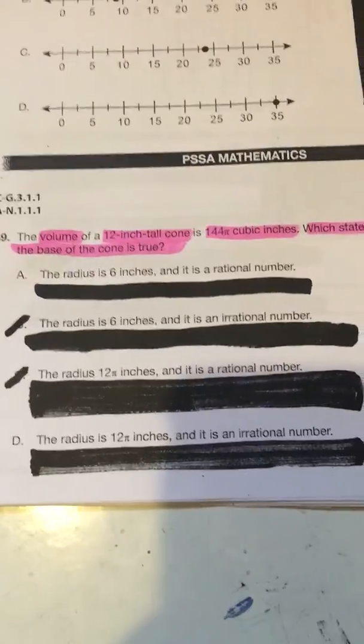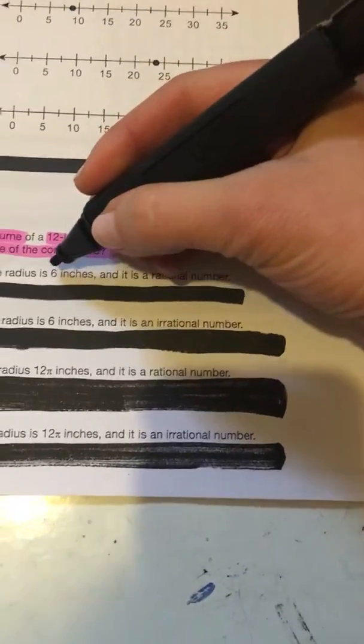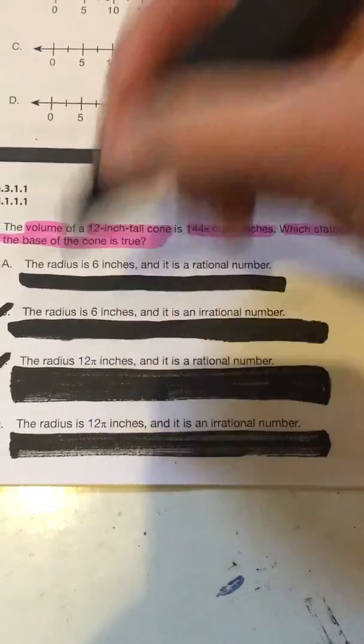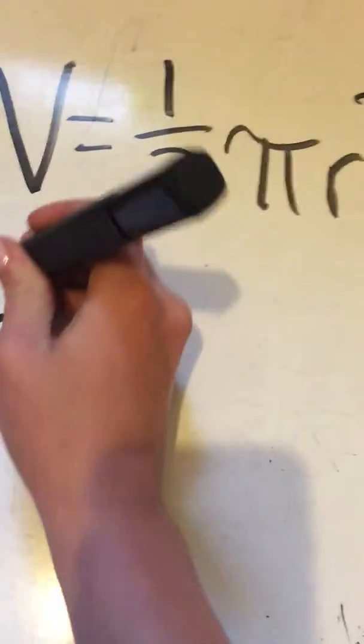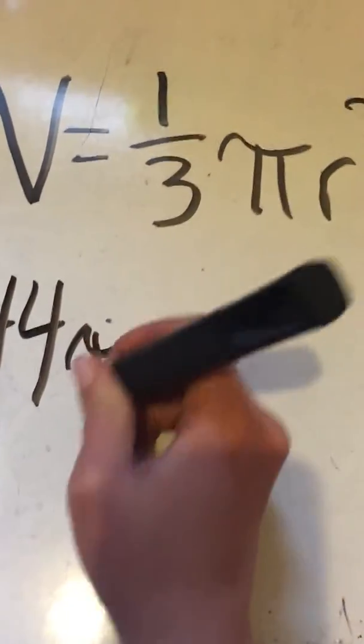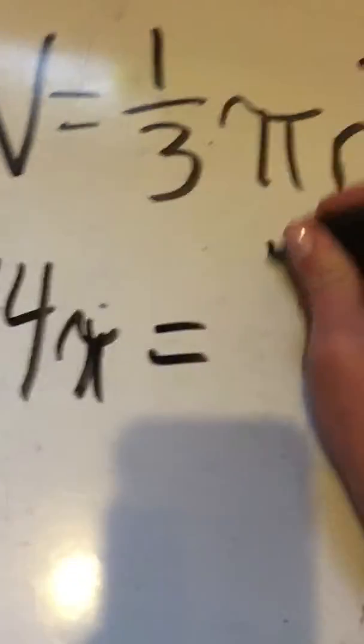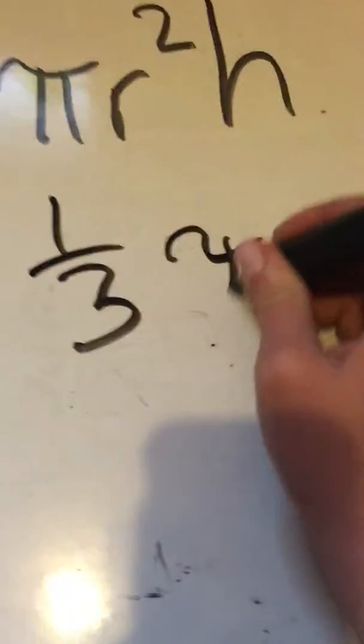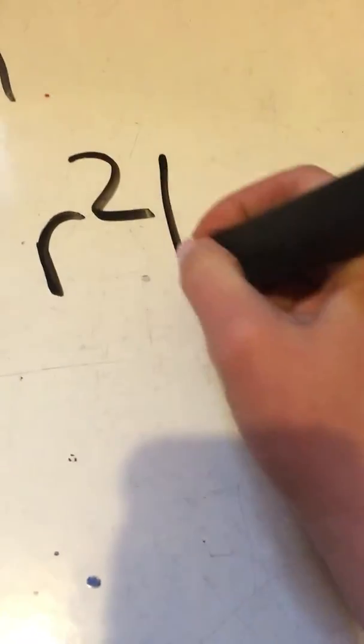Now all we have to do is take our numbers 6 or 12 pi and plug them right into our formula. So we're already given that our V is going to be 144 pi equals 1/3 pi times our radius squared times our height, which is 12.